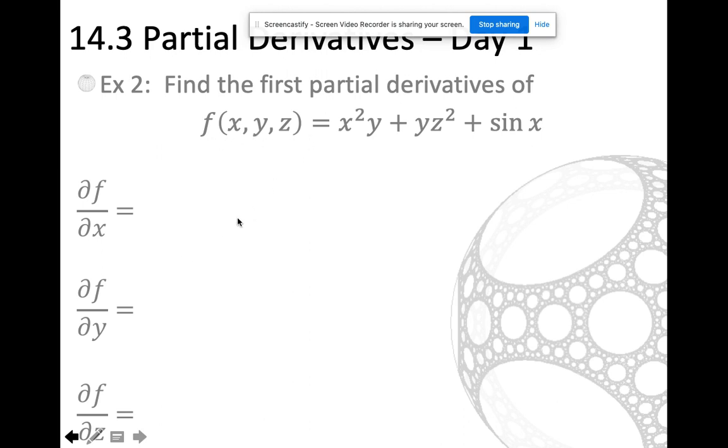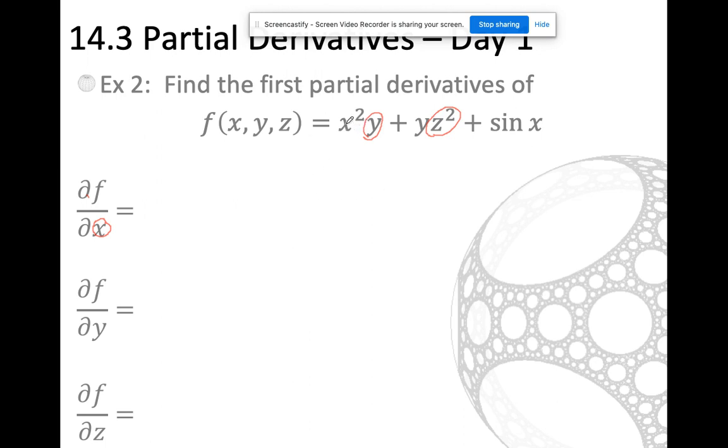Let's try this one. This time I gave you 3 variables. So my domain is 3 space, and I'm going up somewhere into 4 space. So can you take, and I use the del notation this time, partial derivative of f with respect to x, which means you're holding the y and the z stuff constant.